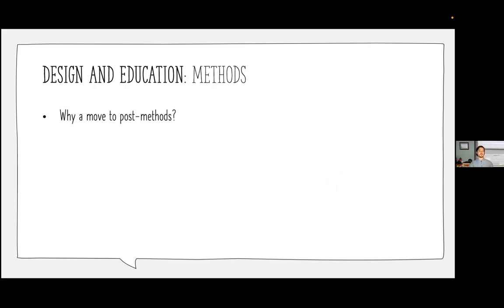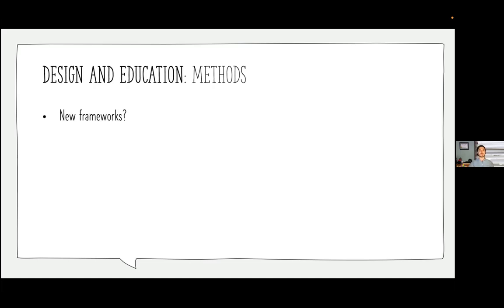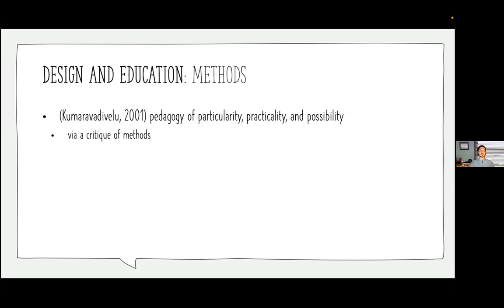So why a move to post methods then? We have the critique of CLT, understanding the lack of neutrality, and trying to reject an infatuation with the best method. And of course, the idea of a toolkit in education kind of comes from that. It's not just one method, right? So new frameworks.